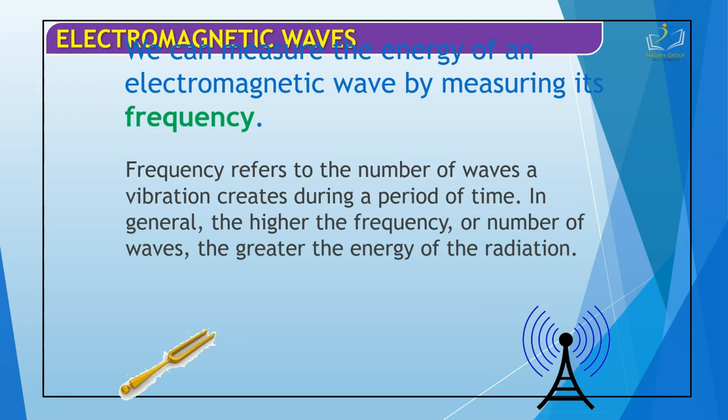That means we can calculate this by a formula also that I think you should know, students. E equals h nu, where h is the Planck constant. So energy is directly proportional to the frequency. If the frequency is high, energy also must be high. So that's why we say the higher the frequency, the greater the energy.